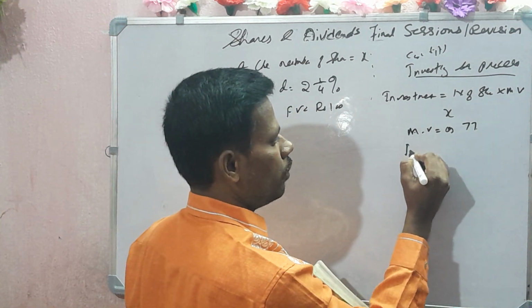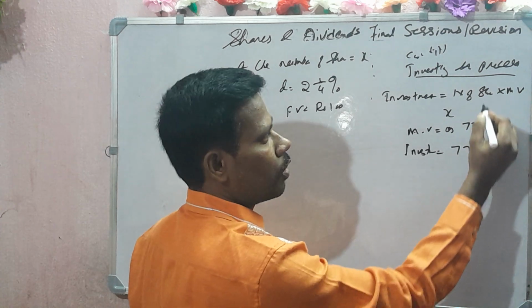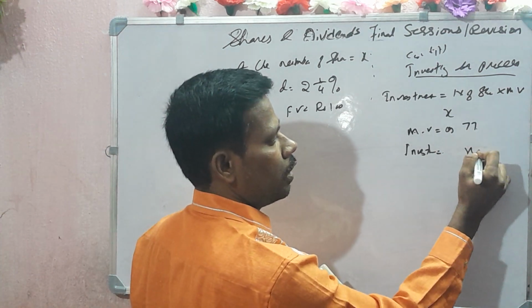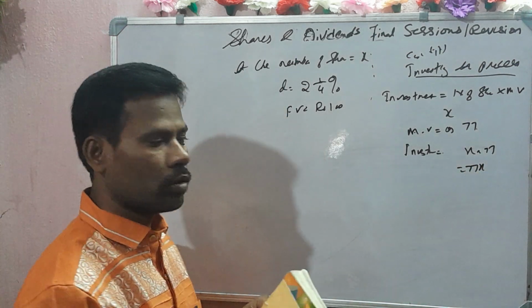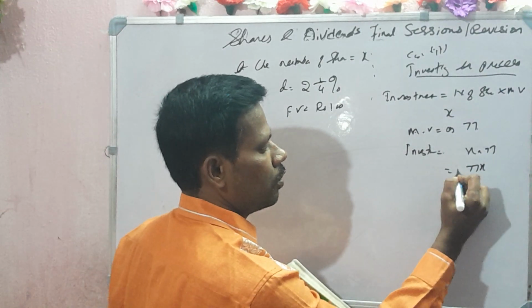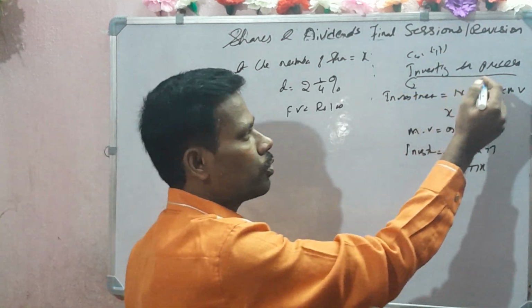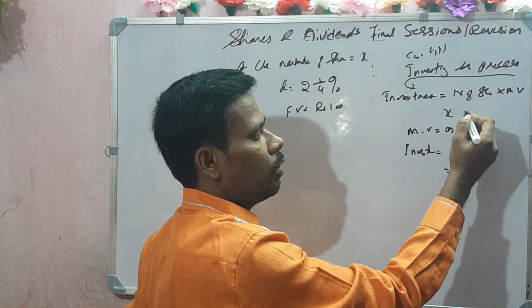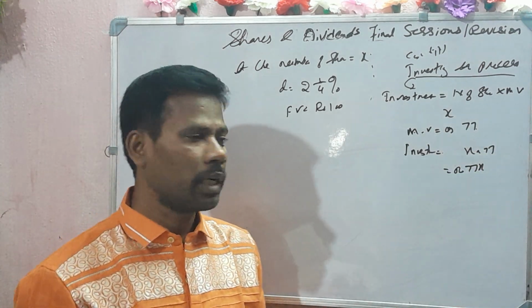So now investment is 77 into number of shares x. X into 77, that is 77x. So this is investment. Investing the proceeds means investment is equal to number of shares into market value. Market value here is already given, by selling at rupees 77.